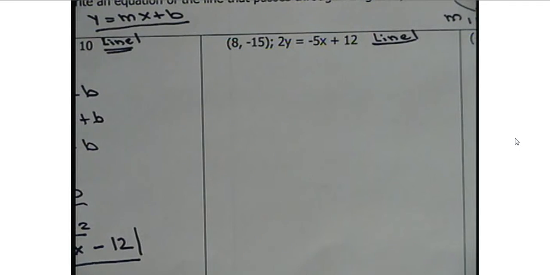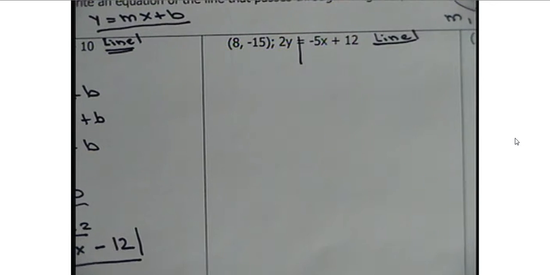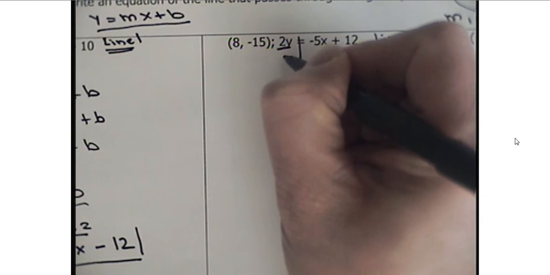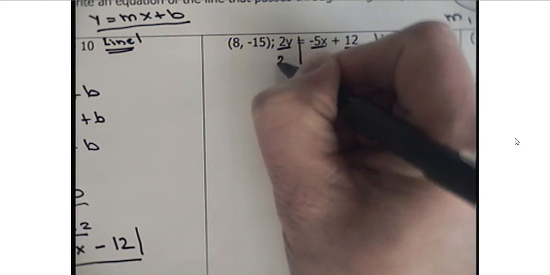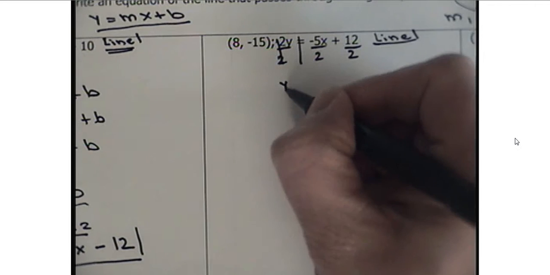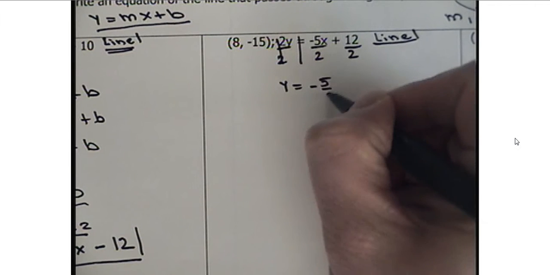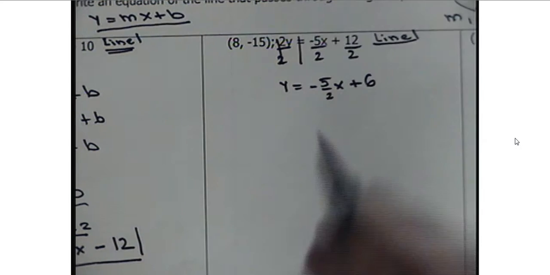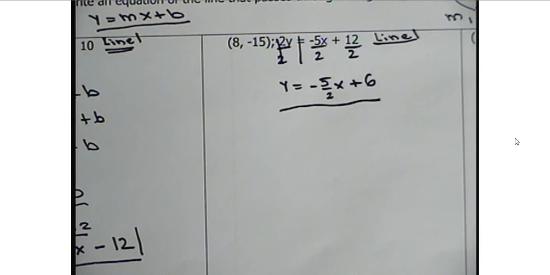So what we need to do is solve this equation for y first. When we have 2 times y, the only thing you have to do here is to divide each one of the sides by 2. So then y is negative 5 over 2x plus 6. This is the first line equation.